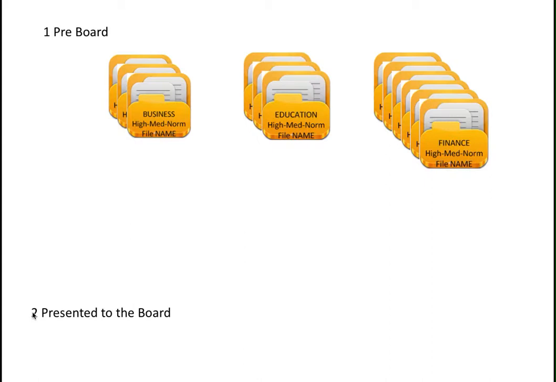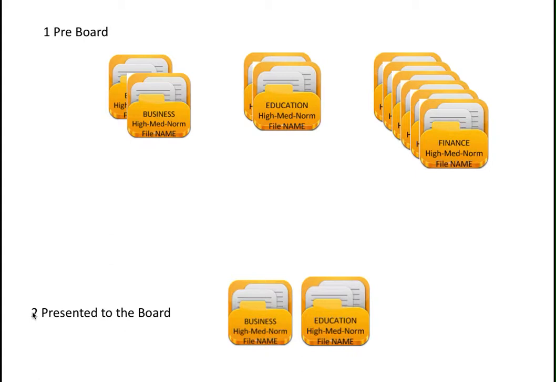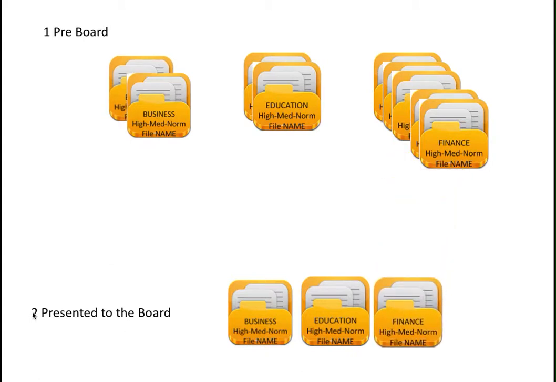So business, education and finance will have to make some decisions of what they want presenting to the board in their priority order. So the different business sections will then, when the board meeting is confirmed, move the relevant papers that they believe should be presented to the next board meeting.